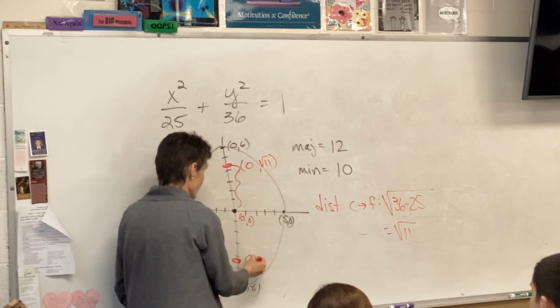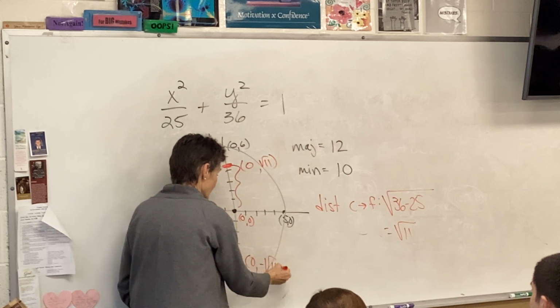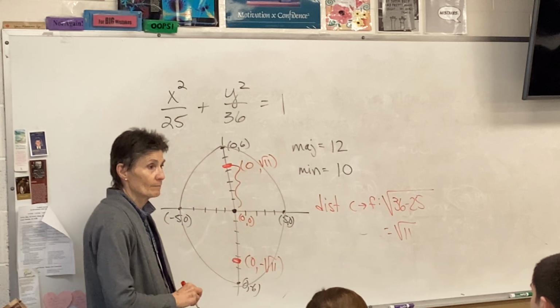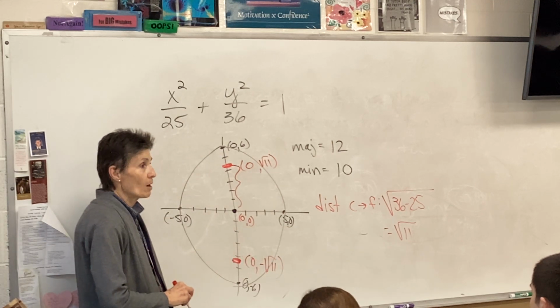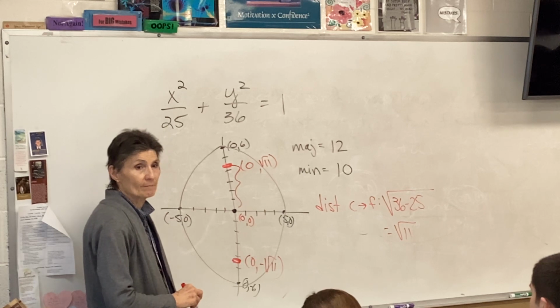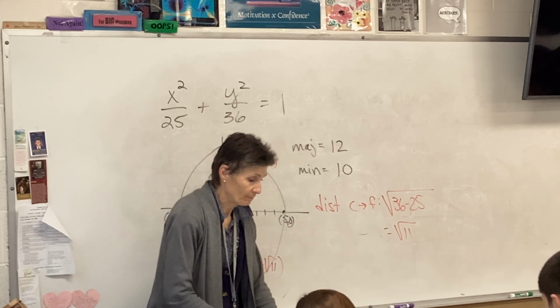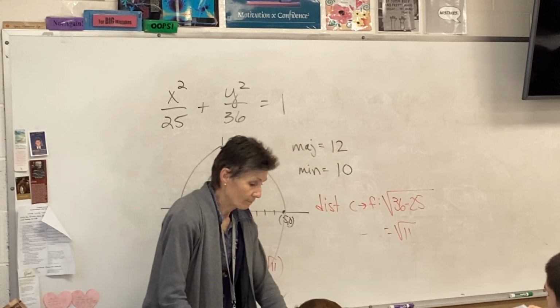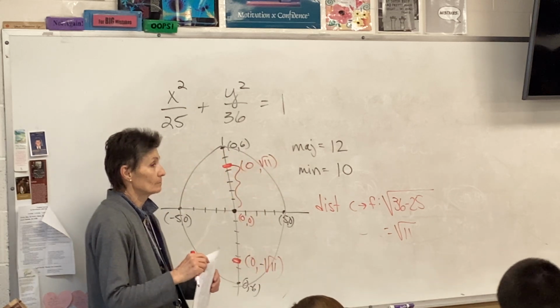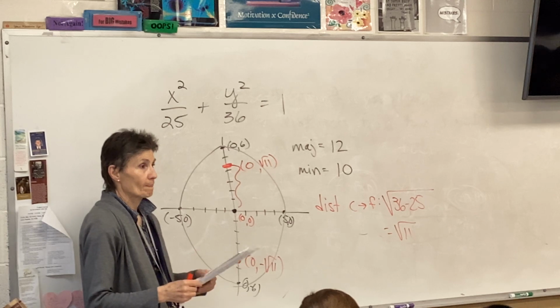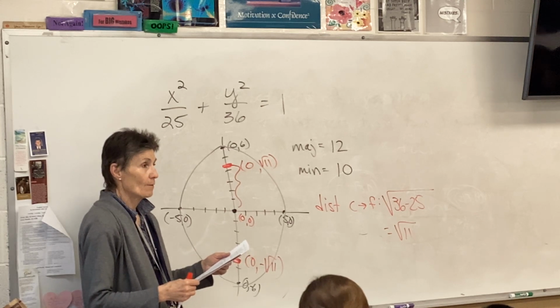And this one will be 0, comma, negative square root of 11. And those are my foci. Okay?